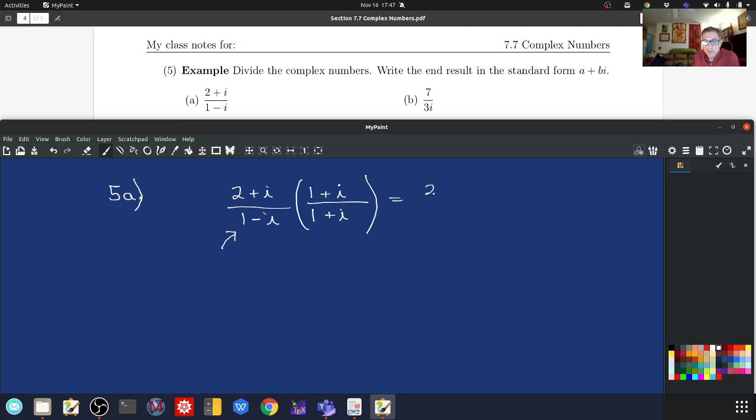So this is 2 plus i. Now it's just regular old multiplication of fractions.